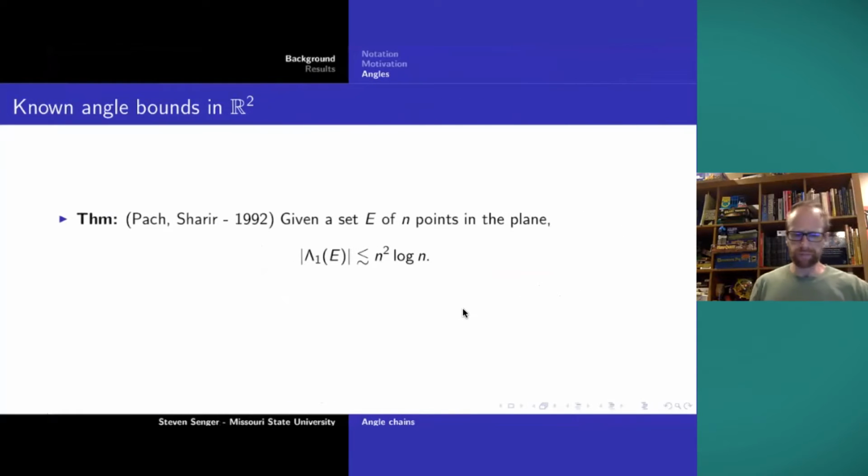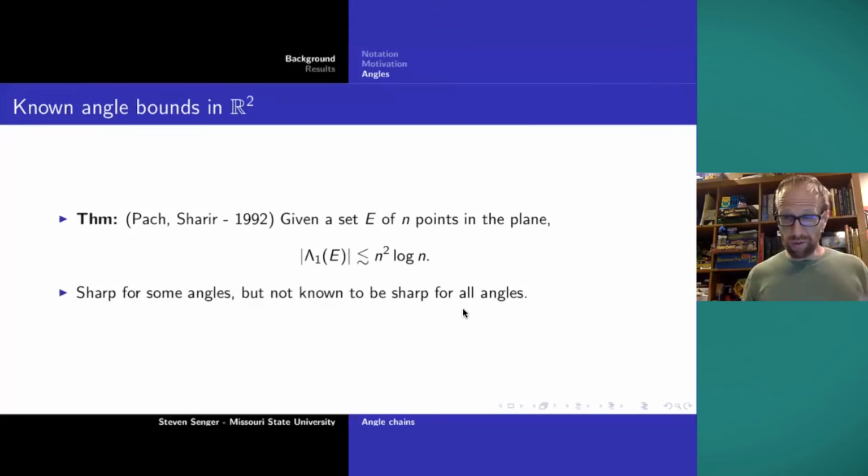So of course, we're not the first people to study angles. Pach and Sharif gave the following nice result in 1992. Here I'm just practicing with the notation. Lambda sub 1 of E has size no more than n squared log n. That is to say, if you fix an angle and you're looking at n points in the plane, where n is some large finite number, then you can find no more than roughly n squared log n copies of a given angle.